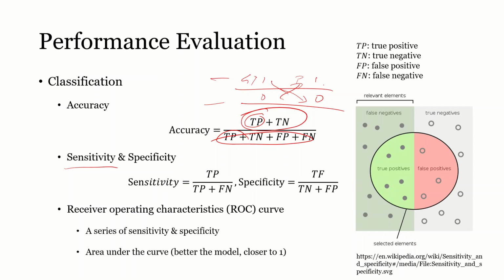Following the sensitivity analysis, we can do it in a more dynamic way. So we end up with a receiver operating characteristic curve, ROC curve for short. And this is just iteration over the sensitivity and specificity calculation. And again, in the hands-on session, we are going to look at this.